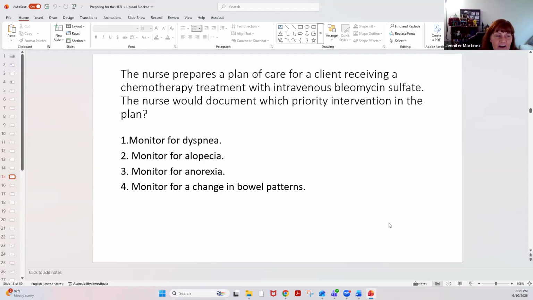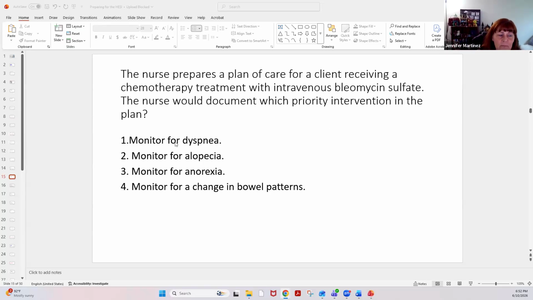Okay. I like the honest answers, they're always great. So, bleomycin is a chemo drug, okay? But one of the biggest things that we worry about with bleomycin is that it has the potential to cause pulmonary toxicity.